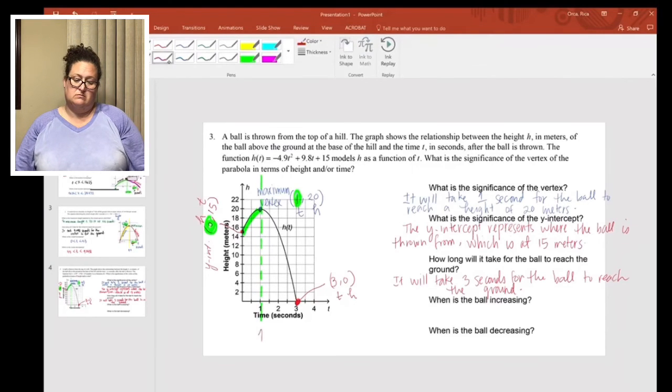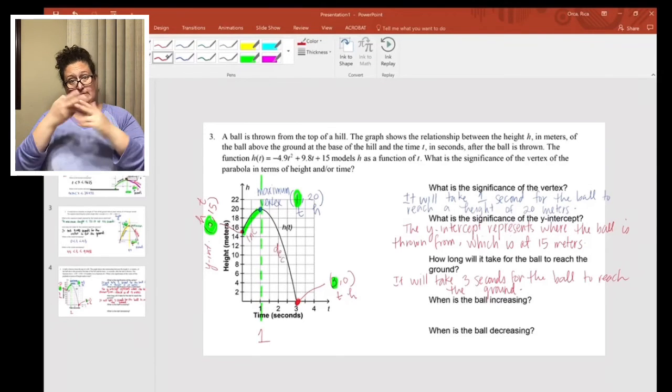So this is 1, and we have 3. I know on this side my graph is increasing, and on the right side my graph is decreasing.